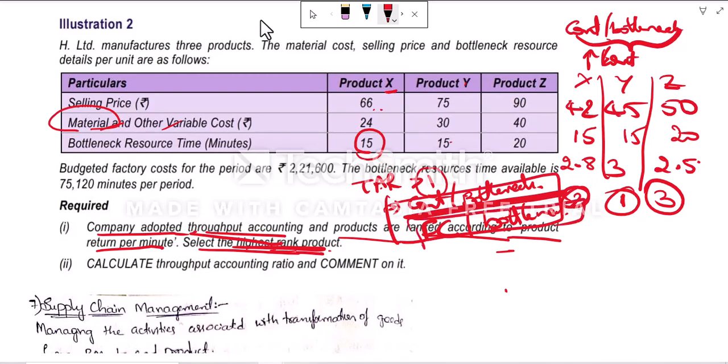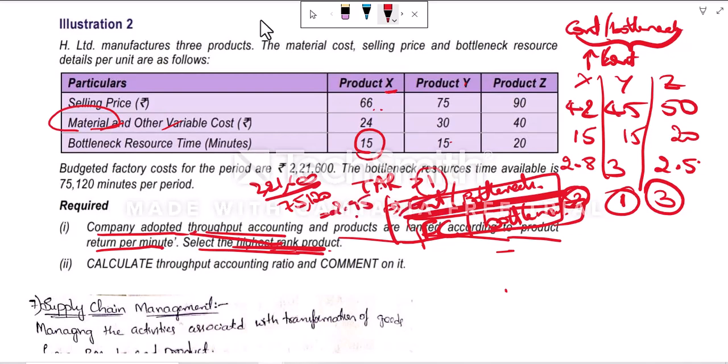Factory cost is 2,21,600 and bottleneck resource is 75,120. What is the factory cost per bottleneck? 2,21,600 divided by 75,120, 2.95.